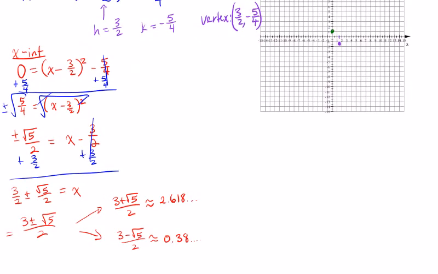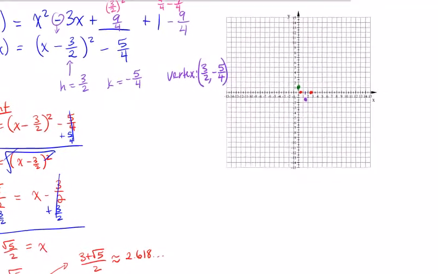All right, so I plugged them in my calculator, and got approximately 2.6 for the 3 plus root 5 over 2, and 0.38 for the 3 minus root 5 over 2, right? So 2.6 is going to be somewhere right in there, okay, and 0.38 is going to be right in there.